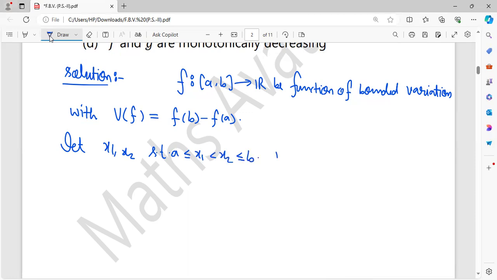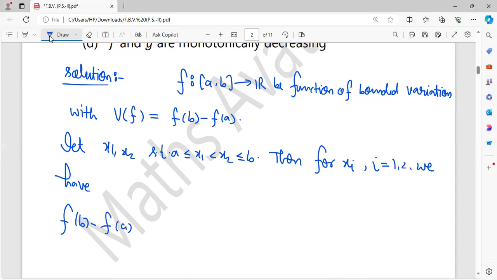Okay, then for x_i, i equal to 1 to 2, we have f(b) minus f(a). We can write it as f(b) minus f(x_i) plus f(x_i) minus f(a).